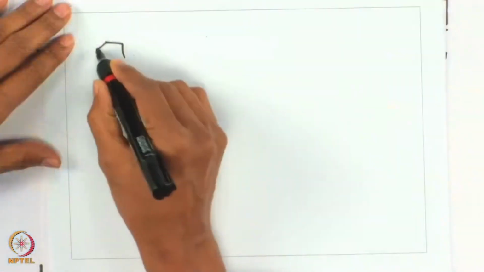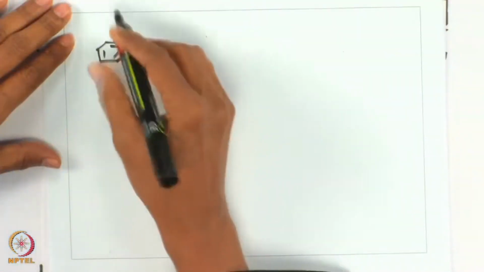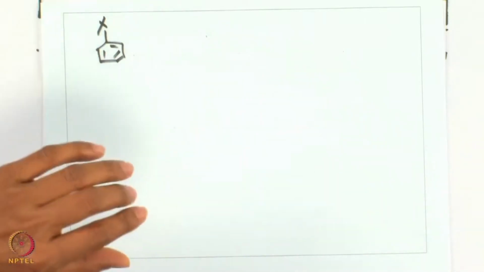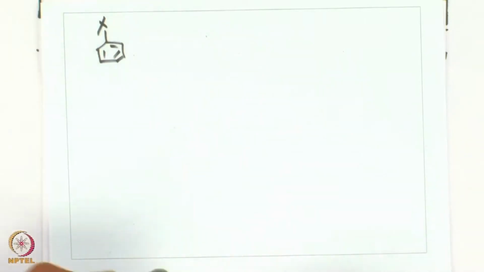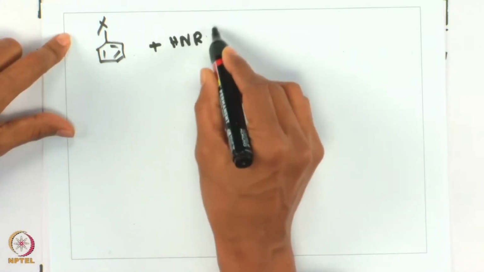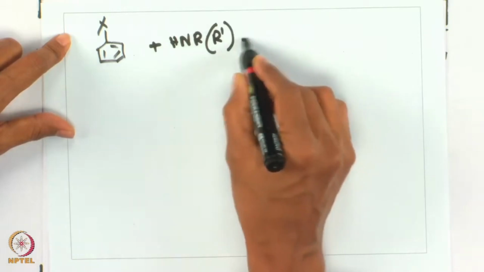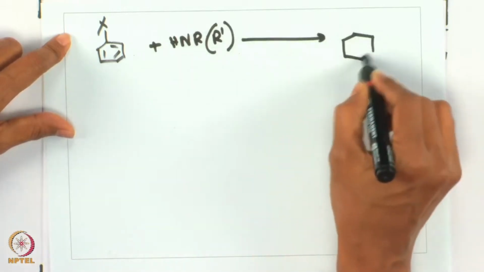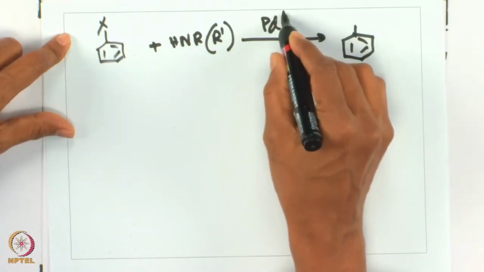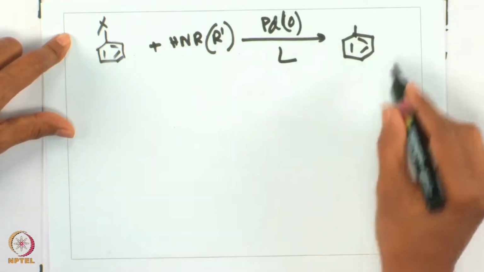So, the reaction we are interested in is this: Ar-X. Now, these X are very useful aryl halides, and we are looking at H, N, R and R prime. Of course, we have palladium 0 as the catalyst and the ligand, and we are taking base and solvent.